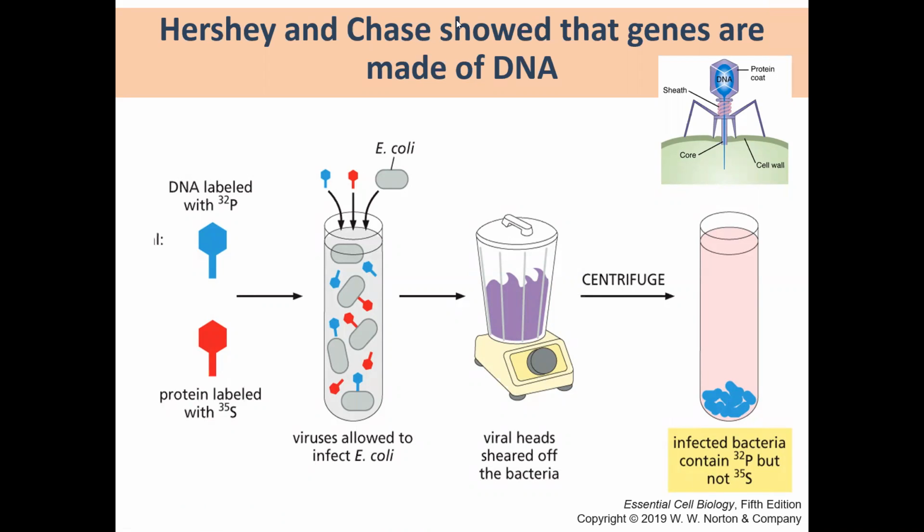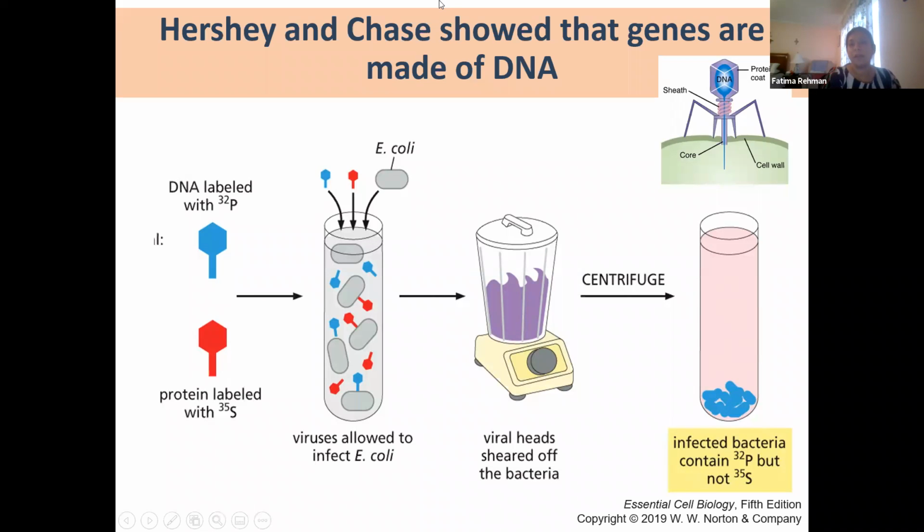How did they label them with the radioactive isotopes? So they had them in environments, not by themselves but in the presence of E. coli, where they had them with radioactive phosphorus only. So anytime there was replication, it was incorporating radioactive phosphorus inside their DNA.